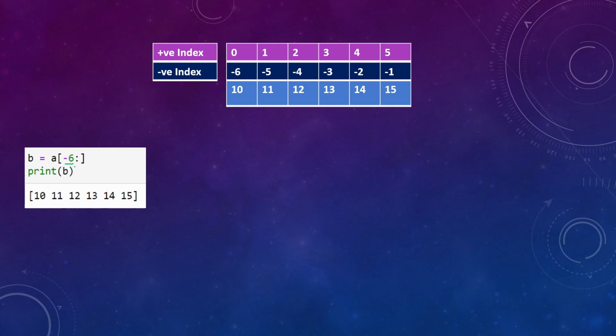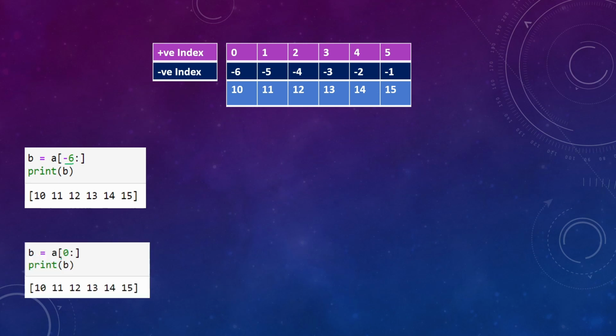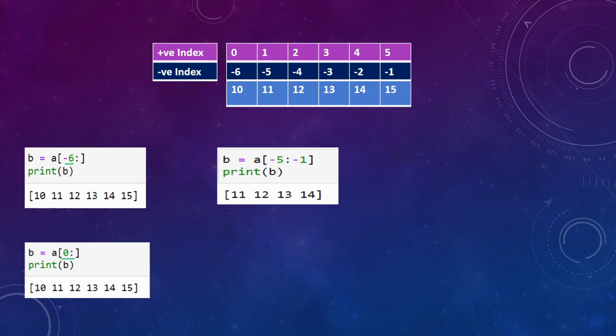Okay, in a similar way, if we want to convert this to a positive index, what we will do is add the number of elements, that is 6, to the already existing start index, which is -6. So 6 plus -6 we will get 0, and we can get the same result by keeping start index as 0.